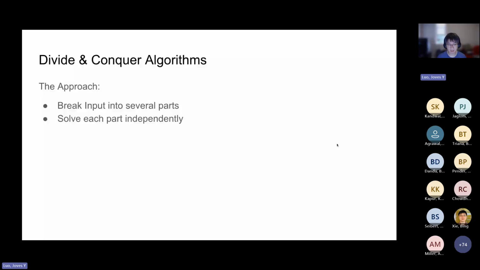Each part can be solved by itself, without relationship to others, at the base level, at the smallest level. And then as your solution bubbles back up, or as your solution goes down, you want to either eliminate work, merge work, or cancel out work. This is the conquering part of it.